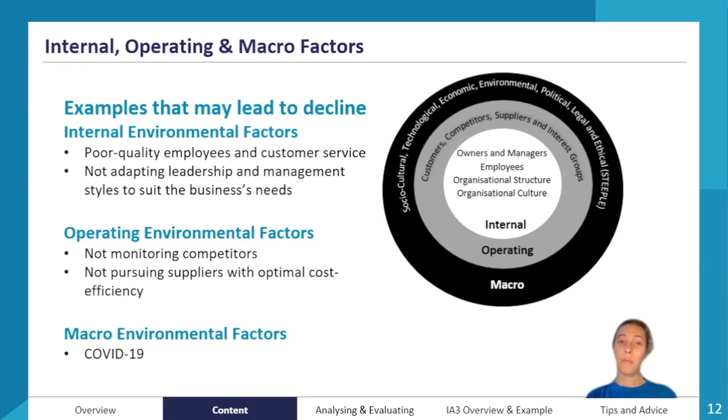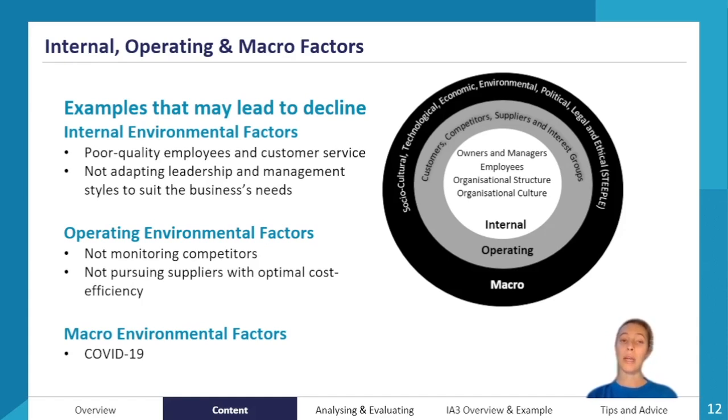Also keep in mind that some of these things may join together to result in decline. It's not always going to be one thing. For example, not monitoring competitors or not pursuing suppliers with the best pricing doesn't sound like a big enough deal to result in a whole established business collapsing, and it probably wouldn't be.